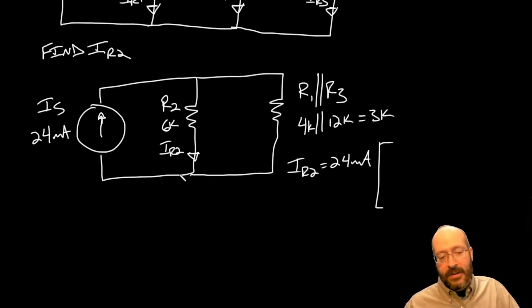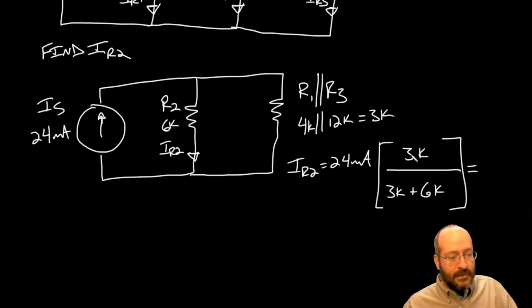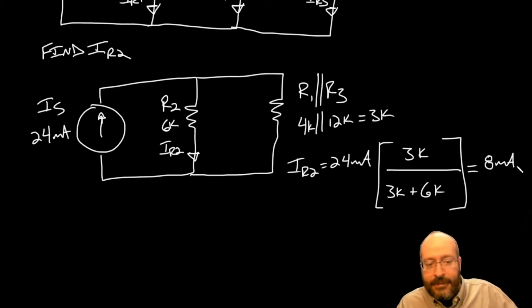If I want to know the current through this branch, I multiply by the opposite branch resistance. So that's 3K in this case. And then I divide by the sum of the branch resistances. Okay, so that looks like it's going to be 3K over 9K, or 1/3, and 1/3 of 24 milliamps is going to be 8 milliamps.